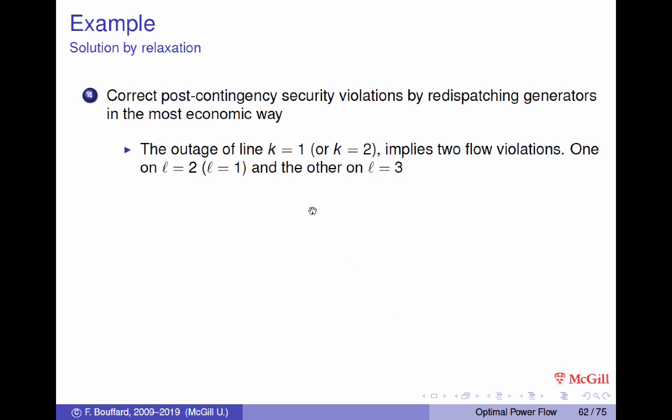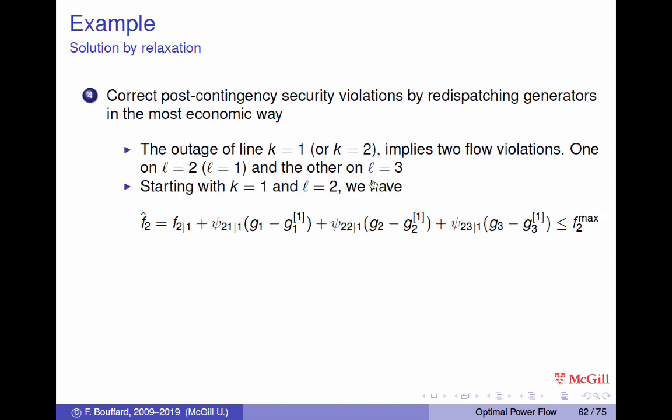So if we're looking at the impact of the outage of line 1, or effectively line 2, because they are identical twins, it implies two flow violations, one on line 2, or line 1 if you're considering line 2, and the other one will be on line 3. So let's start with line 2 for the loss of line 1.